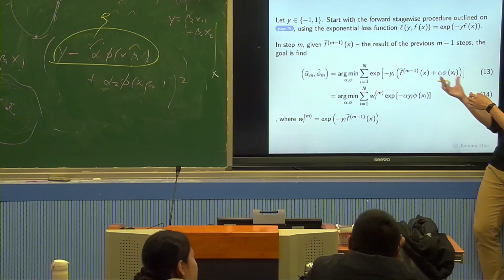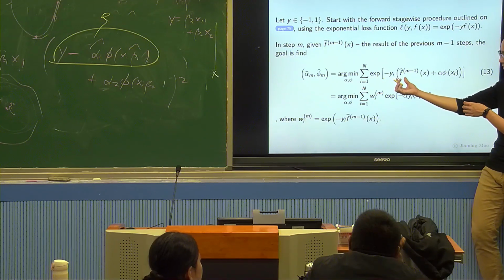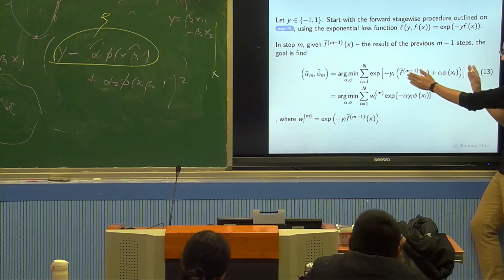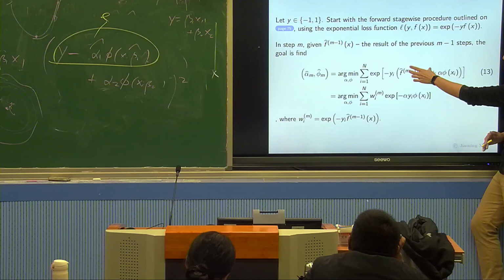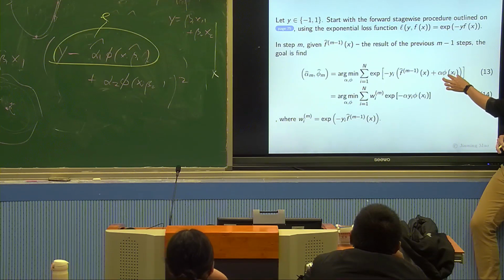This loss function is the exponential loss function, the exponential of the negative margin. This margin is y times our model. But what is our model? Our model is the f from the previous round plus the new thing I'm adding. The new thing is alpha times this basis, like this tree or something, this phi, a tree or a model.